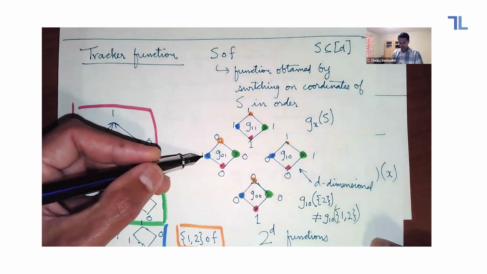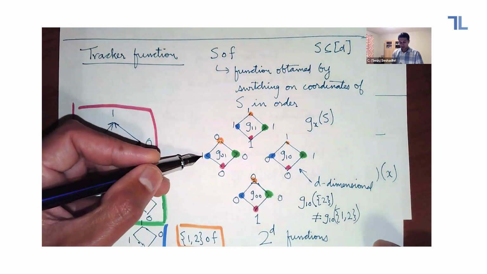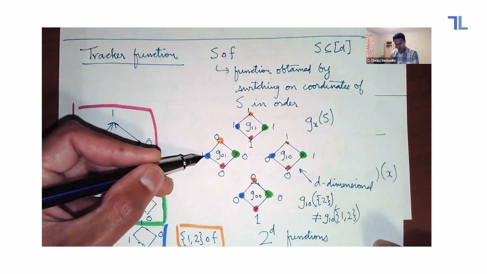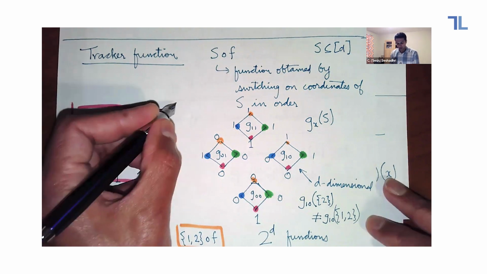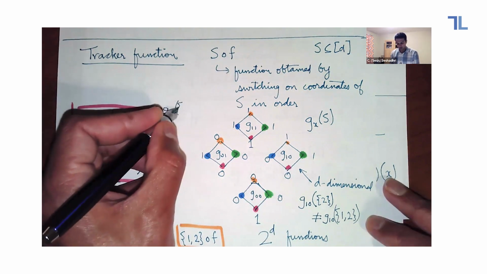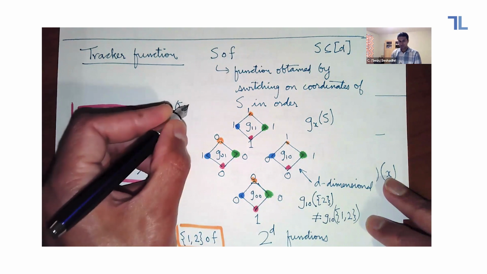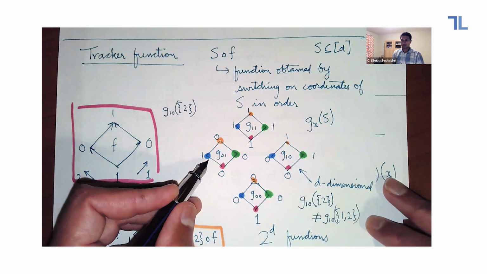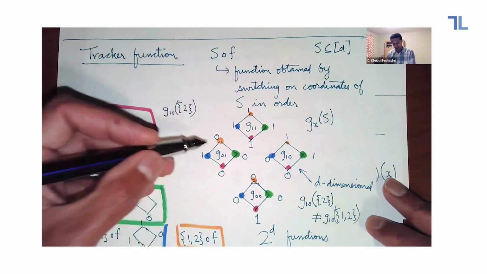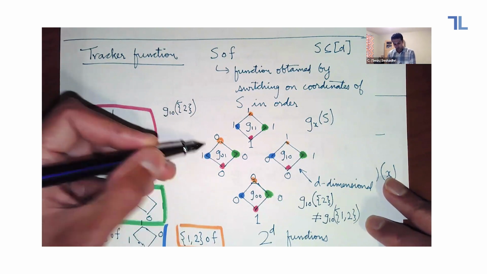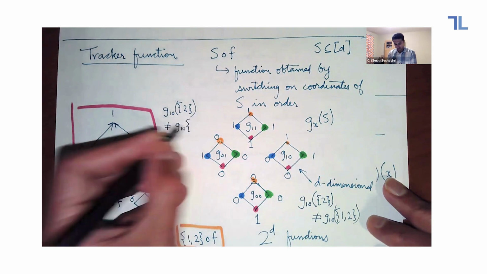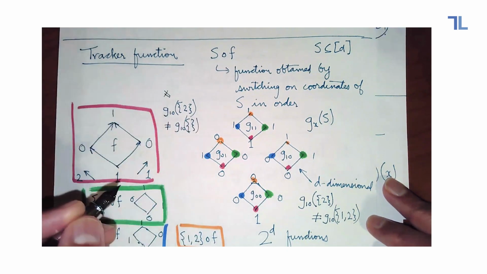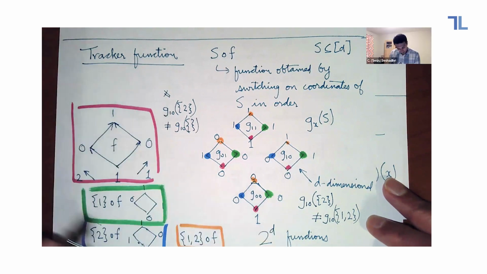Similarly, look at this point here, where there is influence on both sides. This is g10 at the set 2, which has influence 2, because it is not equal to g10 of the null set, and this is also G01.